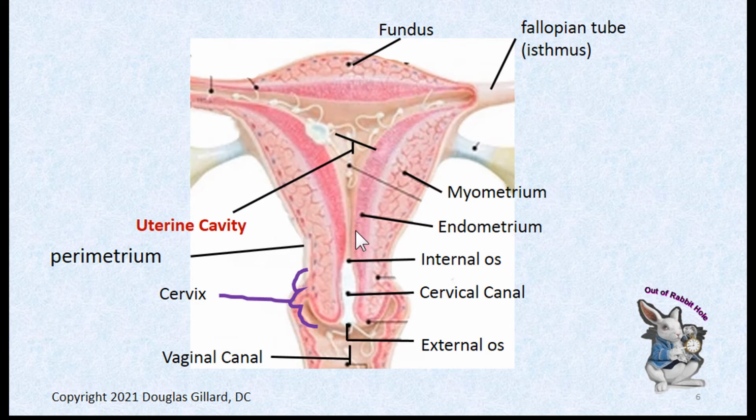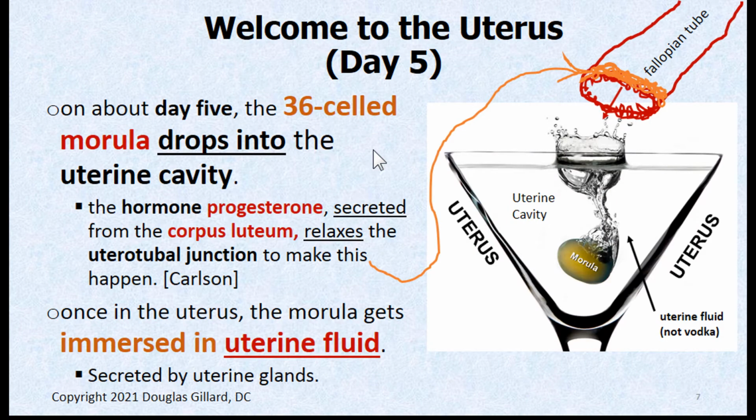Most of the cells are secretory, and they secrete a little juice. So the cavity of the uterus has juice in it. It's not empty. And then some of the cells actually have receptors on them, which could bind to a fertilized egg, and that's kind of an important clue. So that's where we're going. So about day 5, we've finally gotten out of day 4.